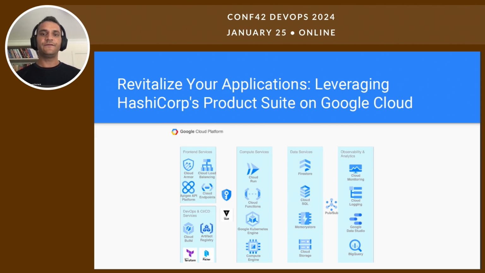Then we have native tools like Cloud Build in conjunction with third-party tools such as Terraform and Packer that are used to define infrastructure as code. Application secrets can be stored securely in Secret Manager or HashiCorp Vault.